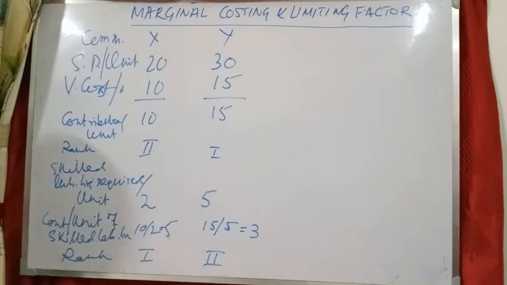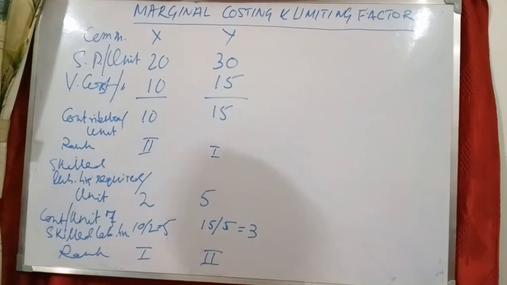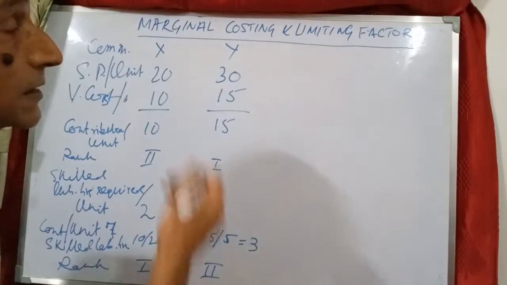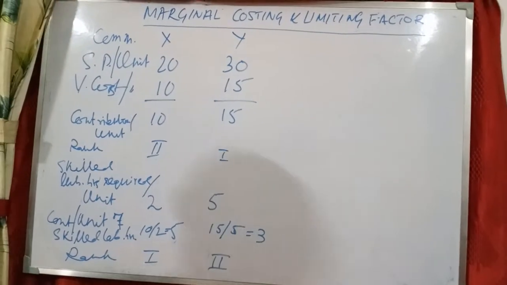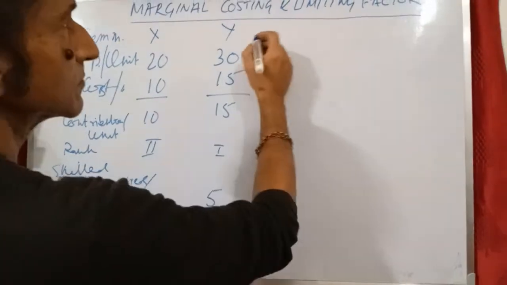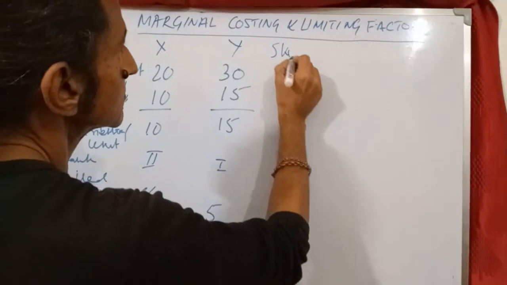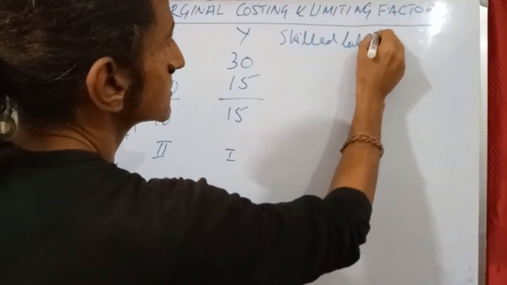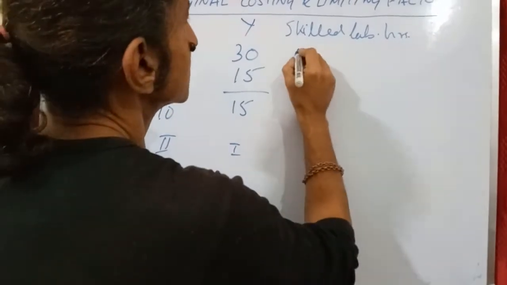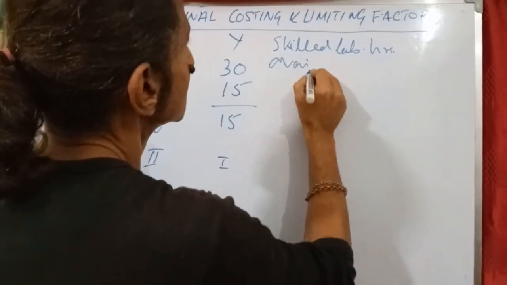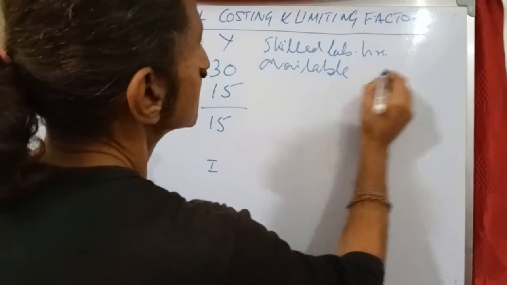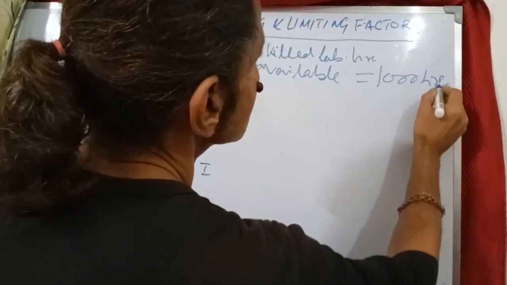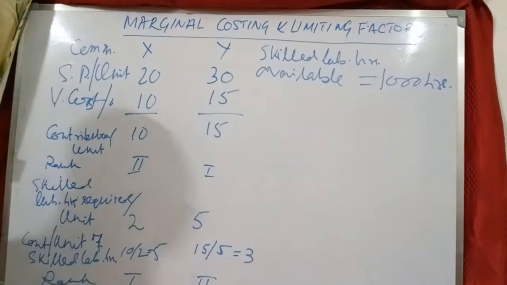Now suppose the firm can use 1000 labor hours per annum. So skilled labor hours available is equal to 1000 hours. Okay.